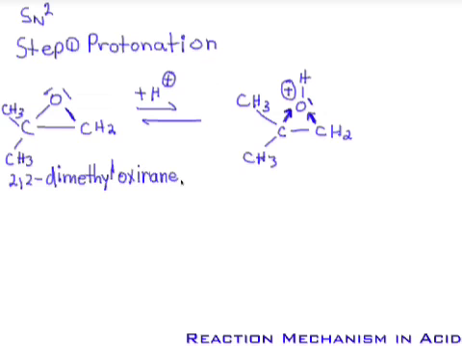Now, step 2 is nucleophilic attack, and we're going to pretend we've used an acid like nitric or sulfuric that has weak nucleophiles. And we're going to do it in ethanol. Or perhaps we use acetic acid, which has a weak nucleophile, and get our alcohol to act as a nucleophile.